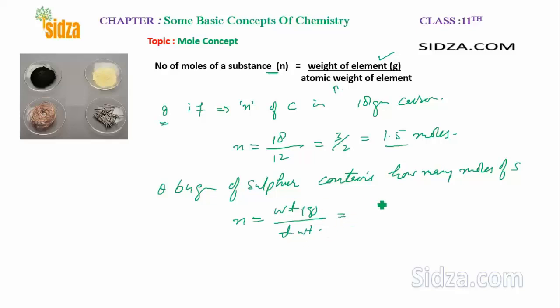Here the weight is 64 and the atomic weight of sulfur is 32, so it is 2 moles. That means 64 grams of sulfur contains 2 moles of sulfur.